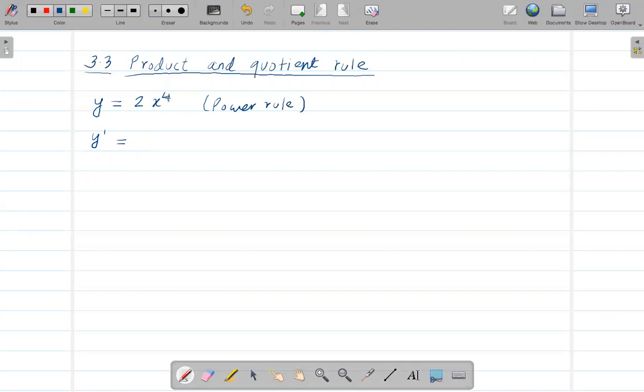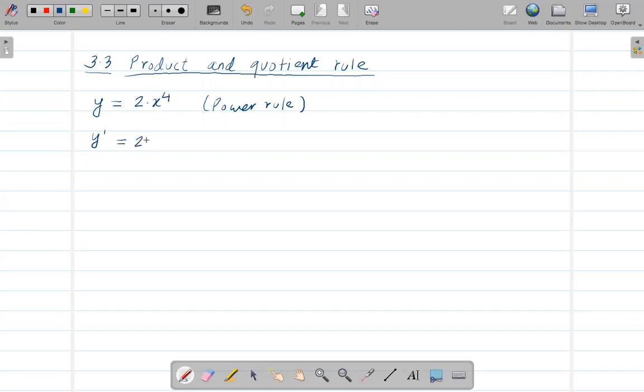Using the power rule, we know that there are two terms, right? One is 2, one is x to the power 4. One is a number, another one is a variable. So on this one, all we have to do is bring this 4 down.